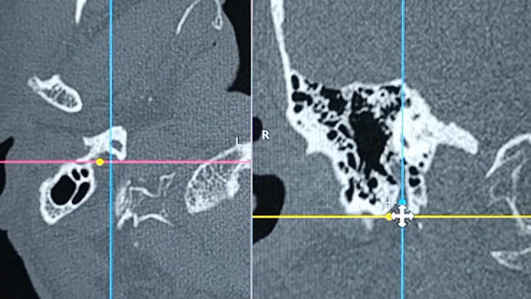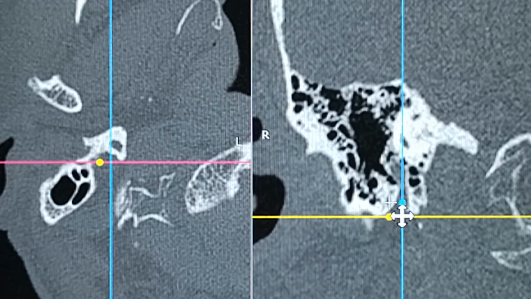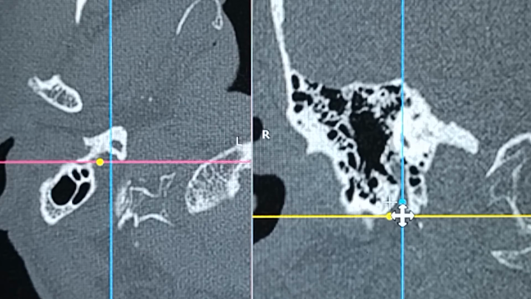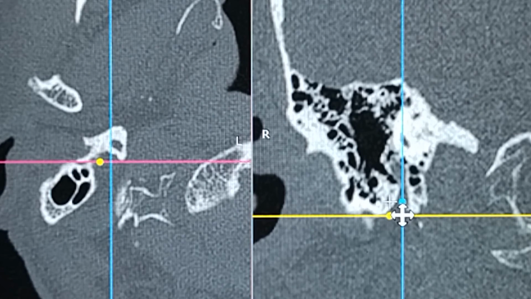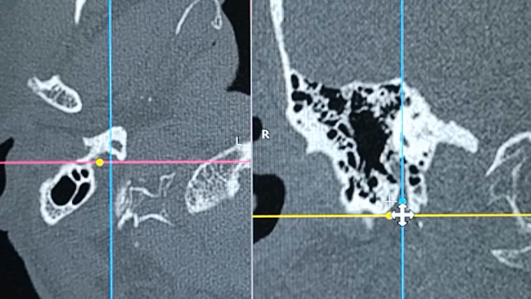So this is how you can see the facial nerve on a CT scan, and in a cadaver dissection or a live surgery as well. The clinical significance is that in case of accidents or trauma, in cases of tumor compressing on the facial nerve, or cholesteatoma causing erosion of the facial canal, the fallopian canal, where bony canal dehiscence is there, you can actually see each and every segment of the facial nerve on the CT scan.